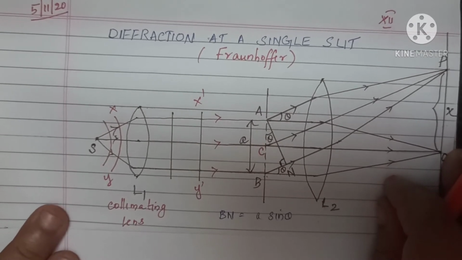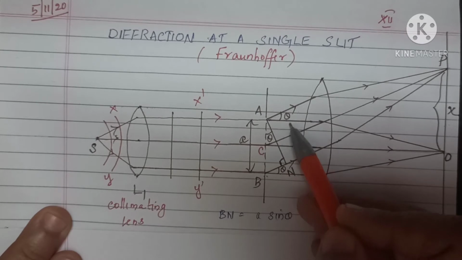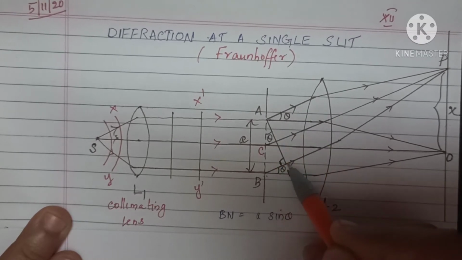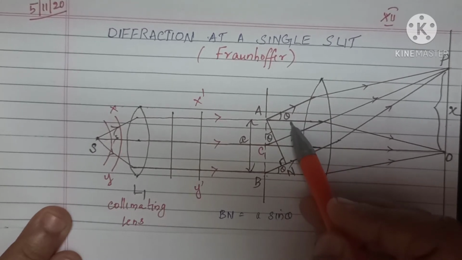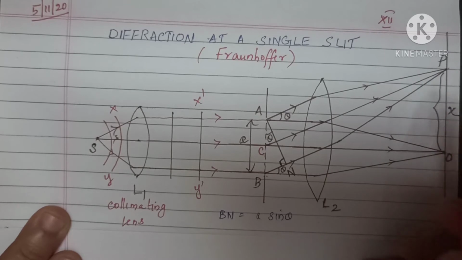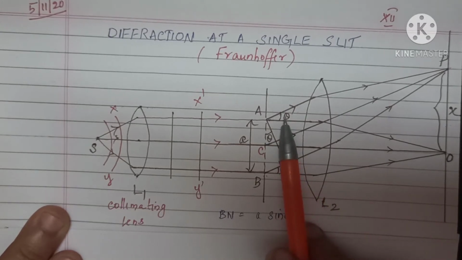Listen carefully. Suppose it is diffracted at an angle theta 1. From the point A as well as from the point B, it is diffracted at an angle theta 1, and we consider a point P1 on the screen. You can consider it either above the point O or below the point O, no problem. Theta 1 we call the angle of diffraction.